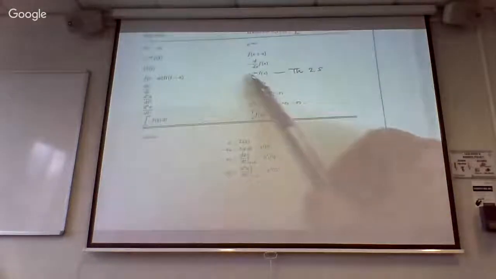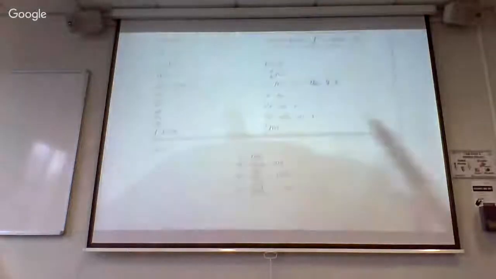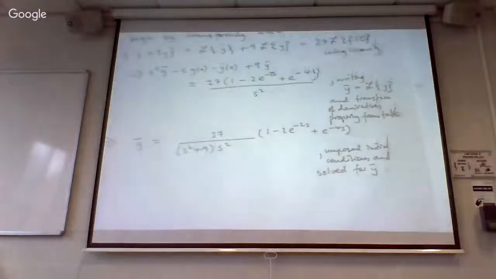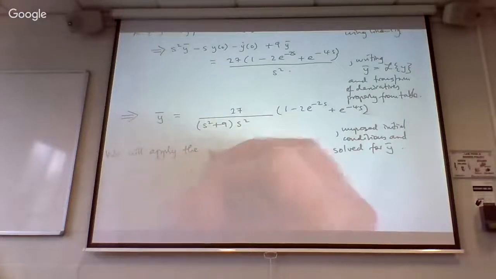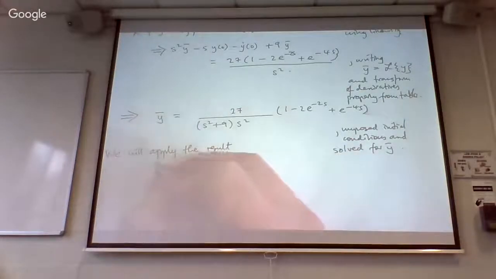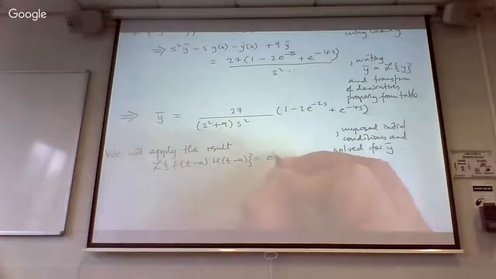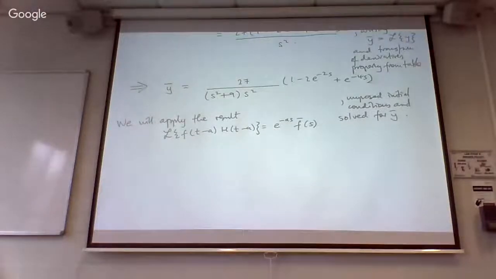That f bar of s is that big fraction, 27 over those s's, and then we've got various exponentials. So we will apply the result, the Laplace transform of f(t minus a) times the Heaviside of t minus a equals e to the minus as f bar of s. So we'll apply it 3 times here.